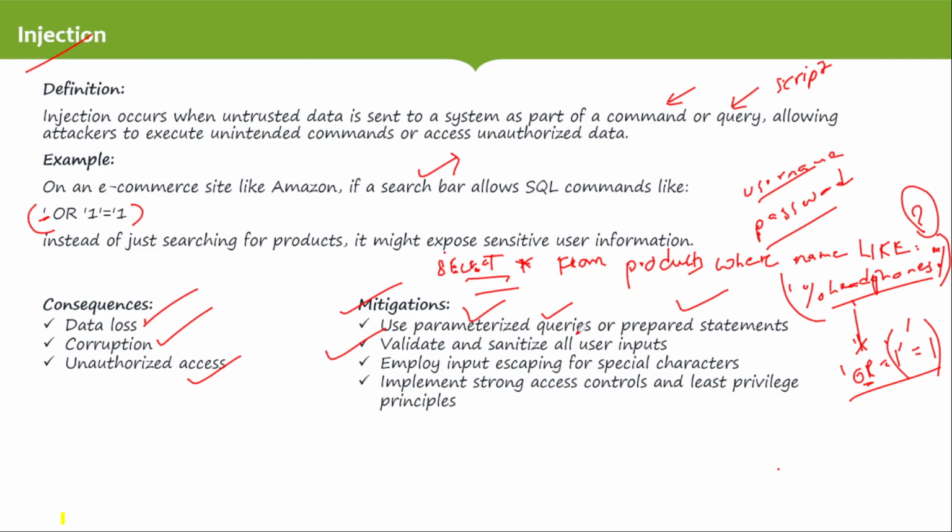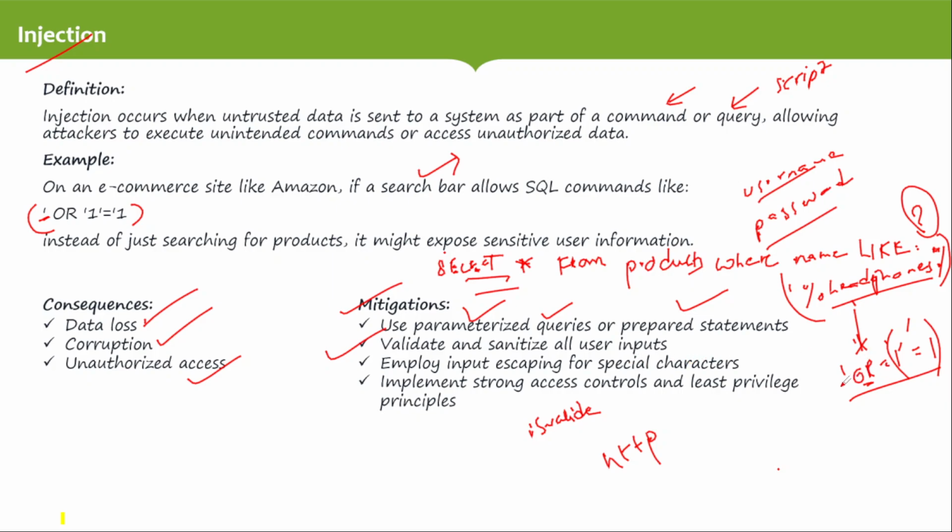So we need to write some function like isValidate. We also need to sanitize it, checking whether the URL has HTTP or HTTPS. And also employ input escaping for all special characters.